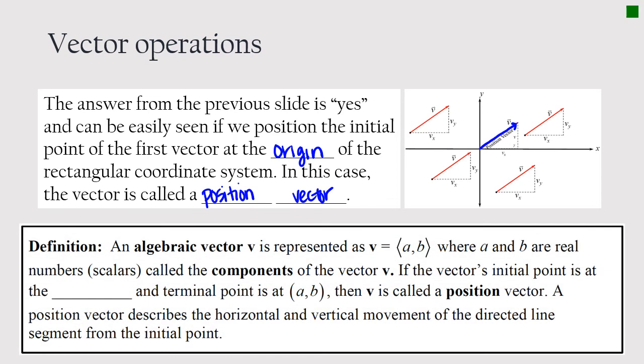So, definition: an algebraic vector is represented as v equals the component a, b, where a and b are real numbers, called the components of the vector v. If the vector's initial point is at 0, 0, in other words the origin, and the terminal point is at a, b, then v is called a position vector. A position vector describes a horizontal and vertical movement of the direction of the line from the initial point.